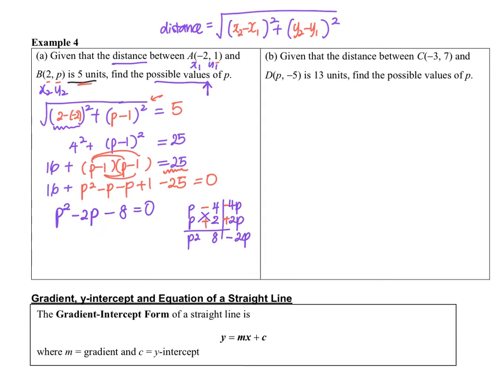Then this will be plus. So I have two brackets over here. The answer for this part is p minus 4, p plus 2 equals to 0. Therefore, p equals to 4 or p equals to negative 2.